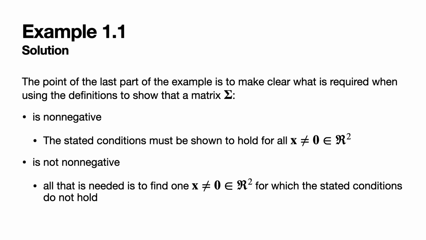Now, to show that a matrix cap sigma is non-negative using the definitions, the stated conditions must be shown to hold for all non-zero x vectors in two-dimensional Euclidean space. When using the definitions to show that a matrix cap sigma is not non-negative, all that's needed is to find one non-zero x vector in two-dimensional Euclidean space for which the stated conditions do not hold.